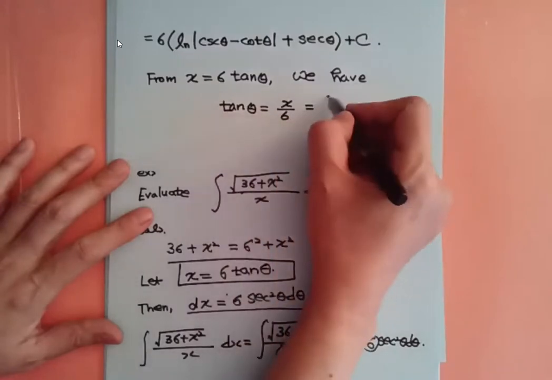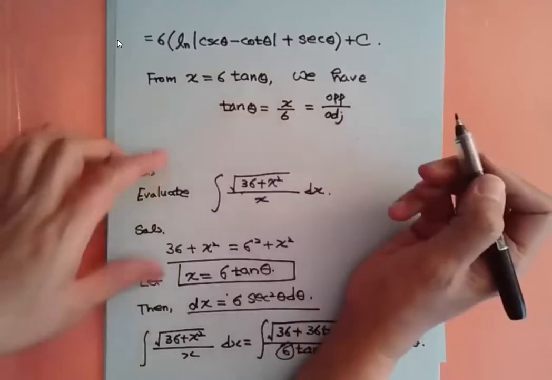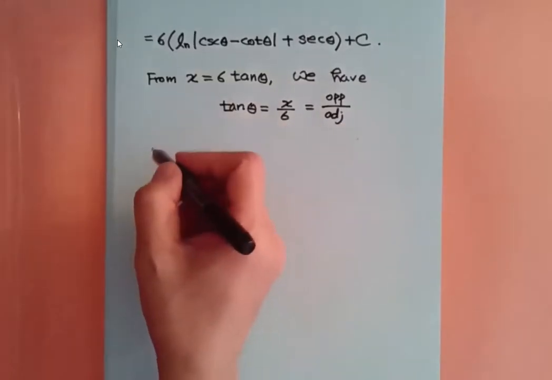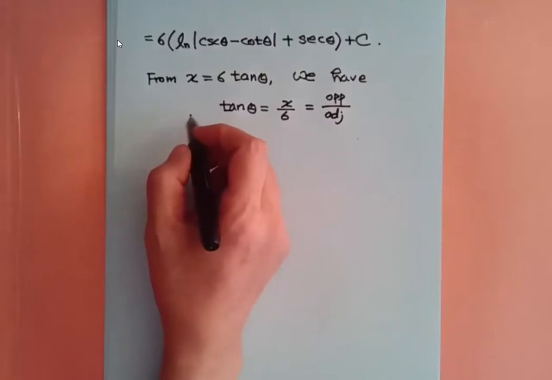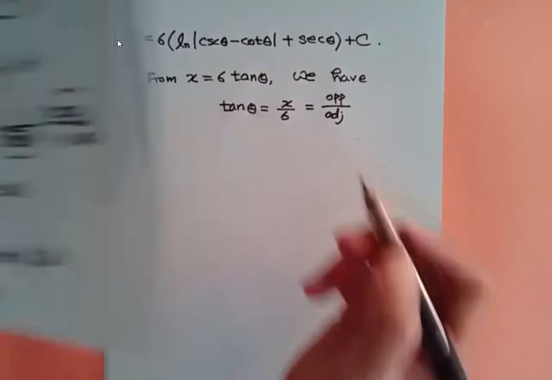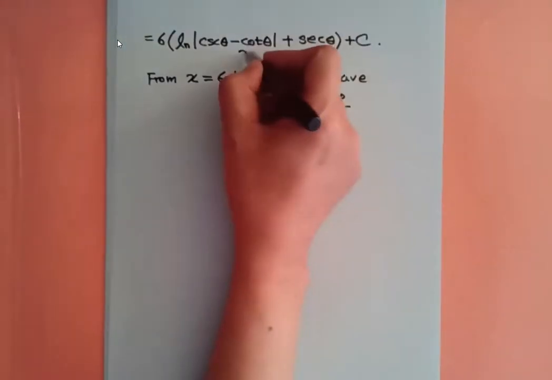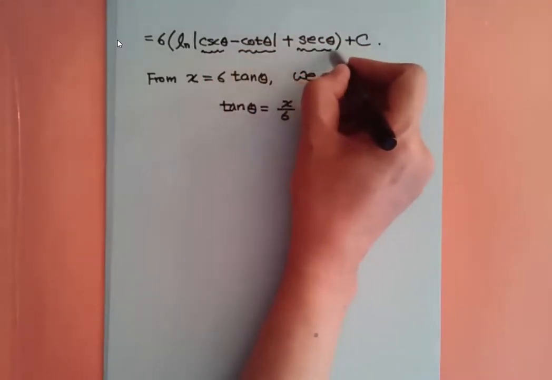So x is opposite and 6 is adjacent. So that means cotangent. What we have here is a cotangent. We have to find secant and cosecant, right?